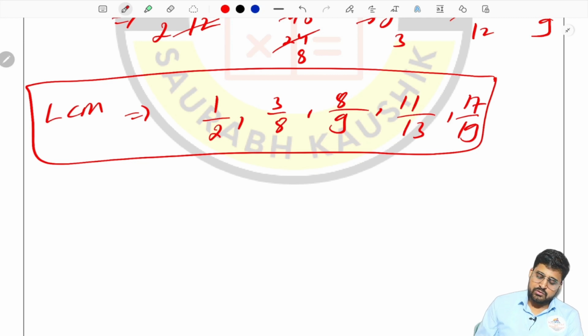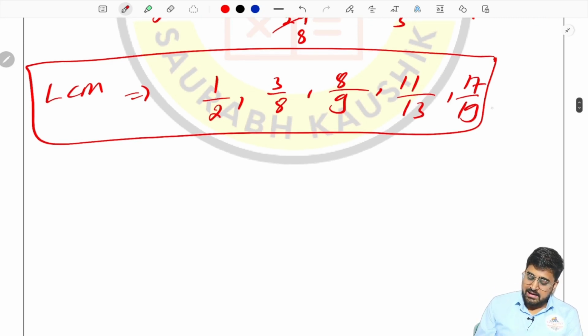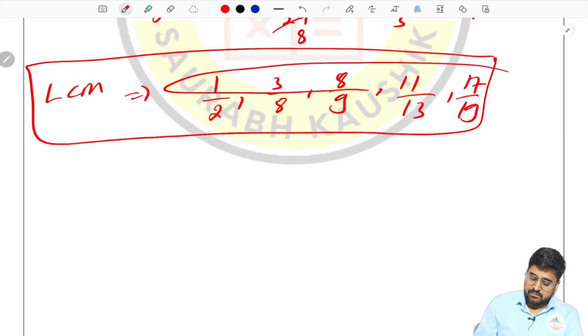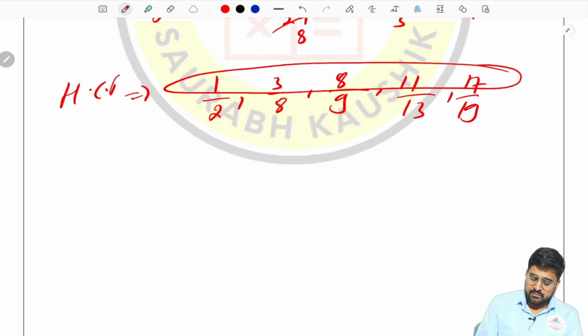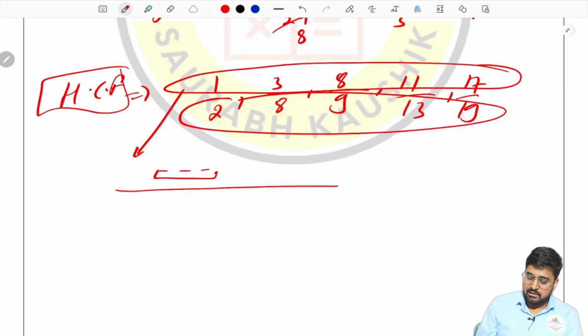If this kind of situation emerges, there is a very high chance that the highest common factor of these numbers will be very small. Okay, but when you take the LCM of the denominators, it should be bigger than the HCF.